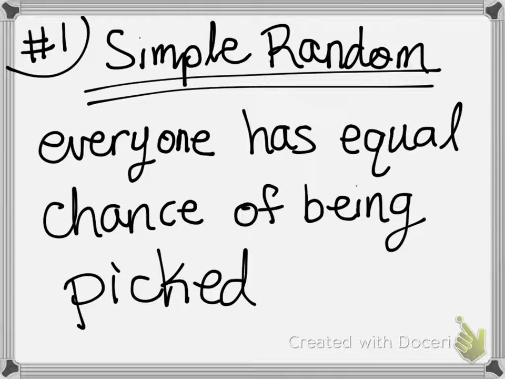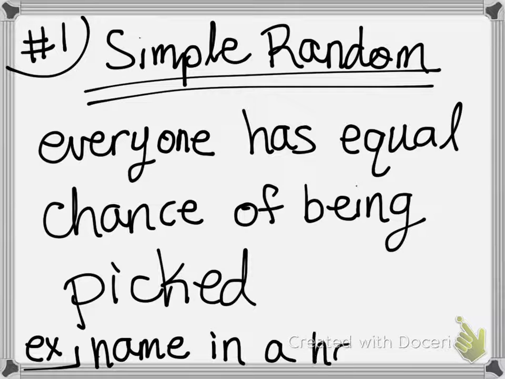That's it. An example of that would be a name in a hat. You write everybody's name on a piece of paper, you put it in a hat, and you draw 10 of them out, or however many you need. That is an example of completely random. Everyone has an equal chance. There's no bias.